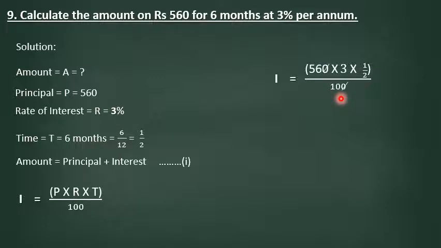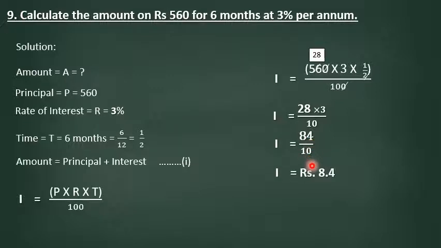Now students, 0 0 ke saath cancel. 2 1s are 2. 2 28s are 56. So it will be equal to 28 multiplied by 3 divided by 10. 28 3s are equal to 84 divided by 10. 84 jab 10 par divide hoga to it will be equal to 8.4. So the value of interest is equal to 8.4.